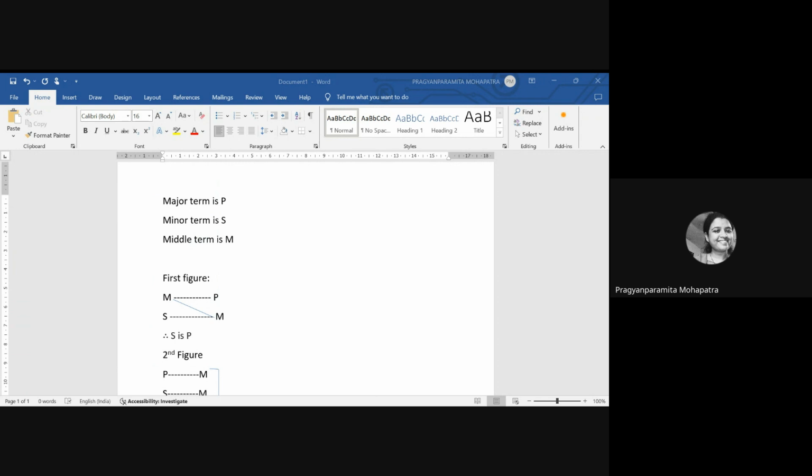Okay, the term mood has been used at least in three different senses. But the very definition of the mood, as I have just said, is that it's the form as determined by the quality and the quantity of its constituent premises or propositions, including the conclusion.